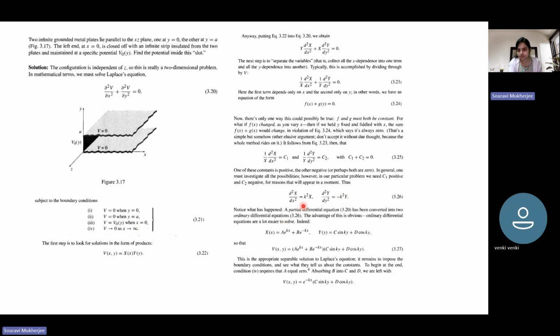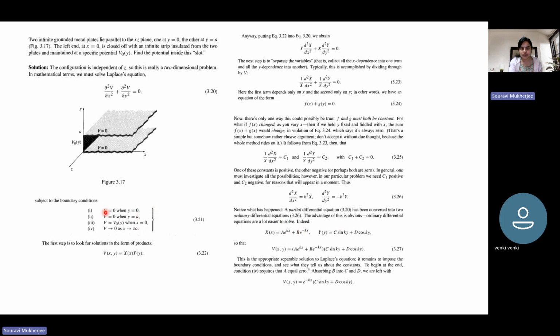So here you can see, if you have a k square, if you look at this relation, this will give you an exponential form, something like this. While if you have minus k square, you would have a form which would involve sine and cosines, right? So whether you want this form in x or in y depends on the boundary conditions.